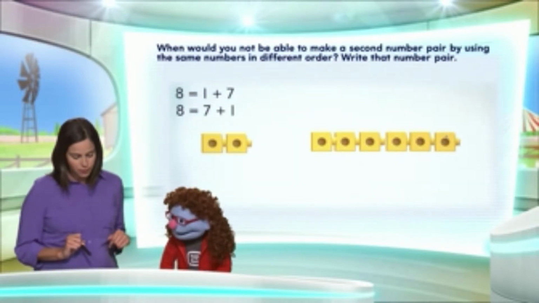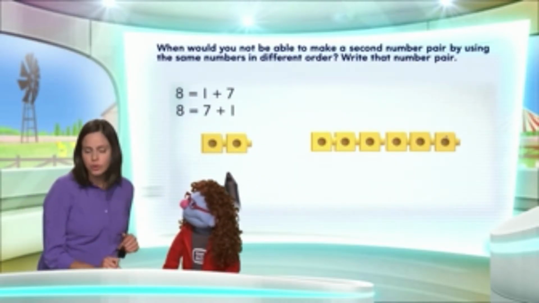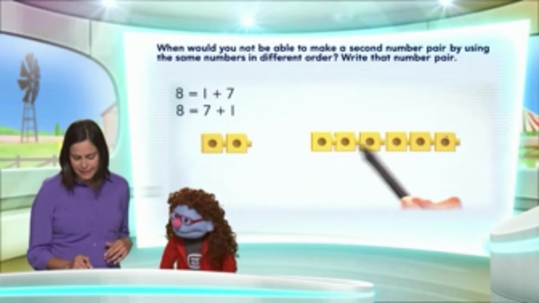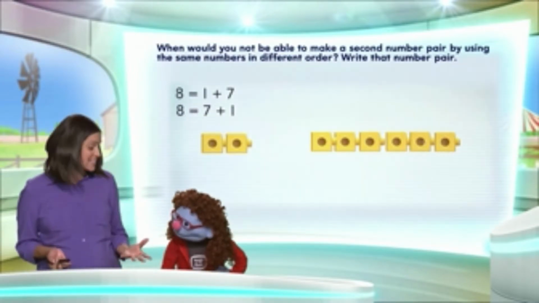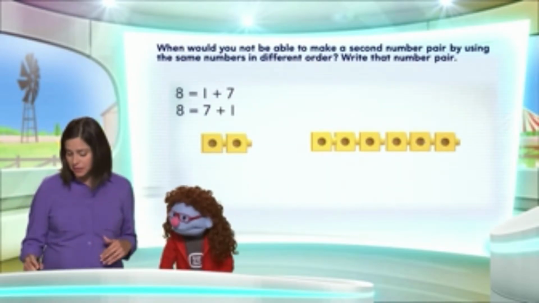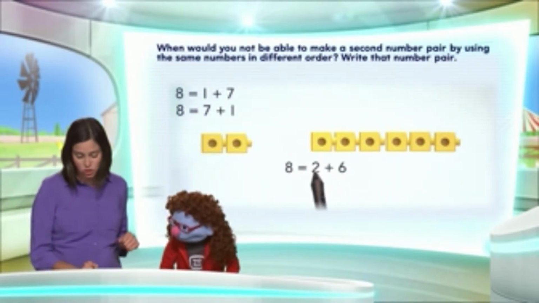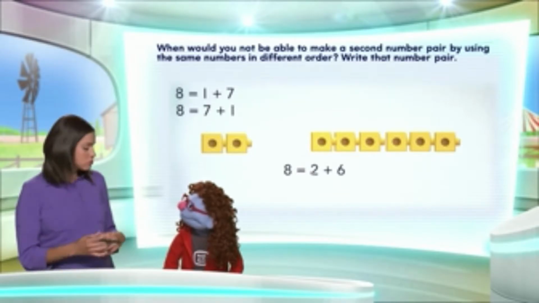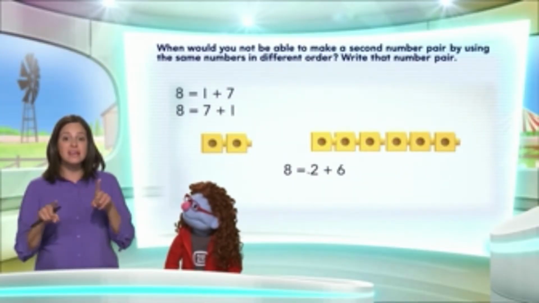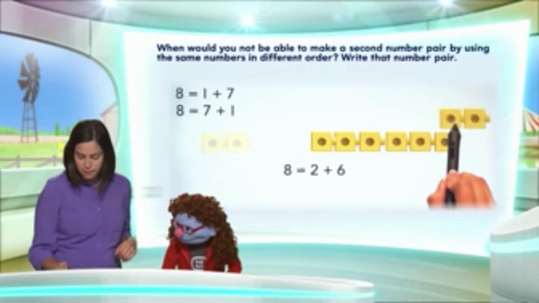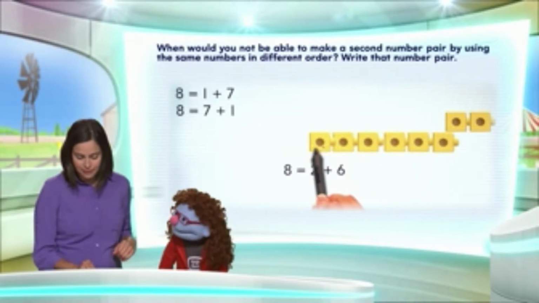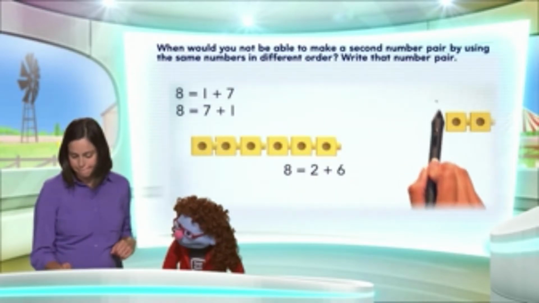So if we have 2 connecting cubes plus, let's see how many more. 1, 2, 3, 4, 5, 6. So 2 connecting cubes plus 6 connecting cubes still is equal to 8. Yes, it is. Again, let's rearrange the number pairs. Wow, there are so many different ways to do this.